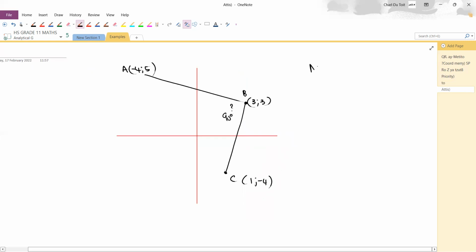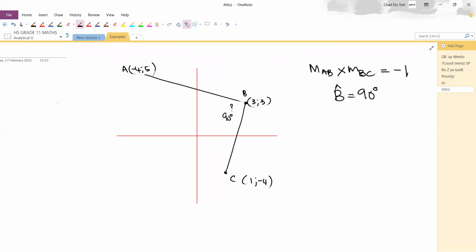If I take the gradient of AB and I multiply it with the gradient of BC, and I get -1 as an answer, then angle B, the angle between those two lines, is 90 degrees. So let's quickly do that. What is the gradient of AB?